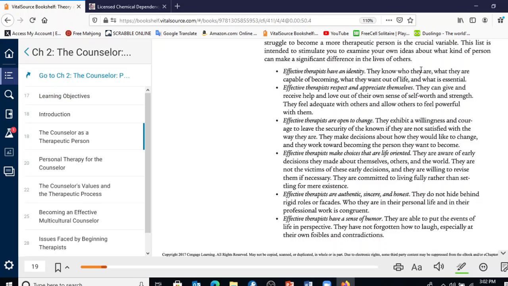Effective therapists make choices that are life-oriented. We're aware that we've made some bad ones, and one of the best ways of learning to be a good chooser is to make a boatload of bad choices and learn from them, or learn from the mistakes that other people make.